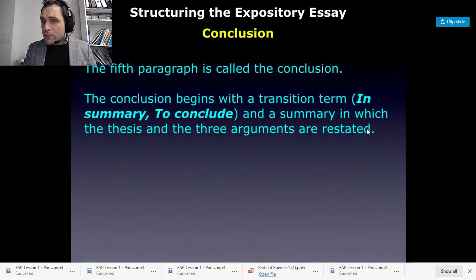If you use the same words, people get bored. It's not very interesting to use the same words. You have to write about the same idea, but you have to use different words. This way, your writing is much more engaging and much more interesting. Okay? All right.